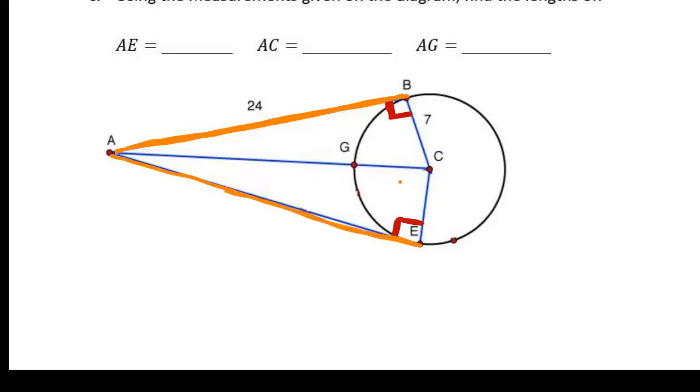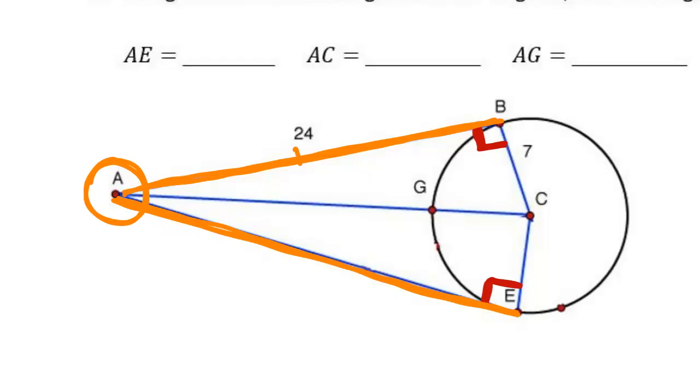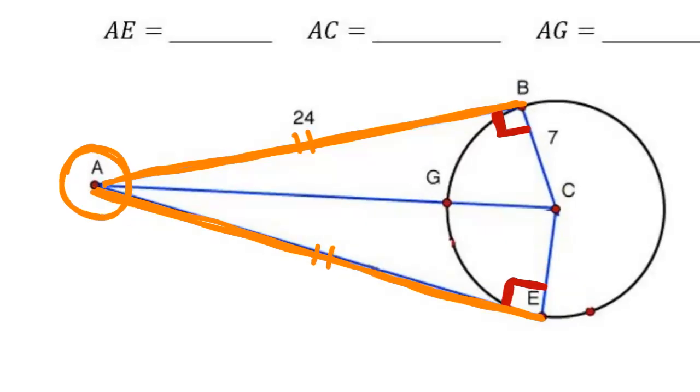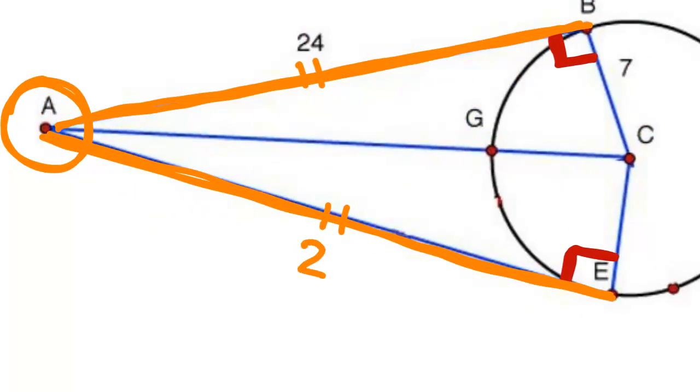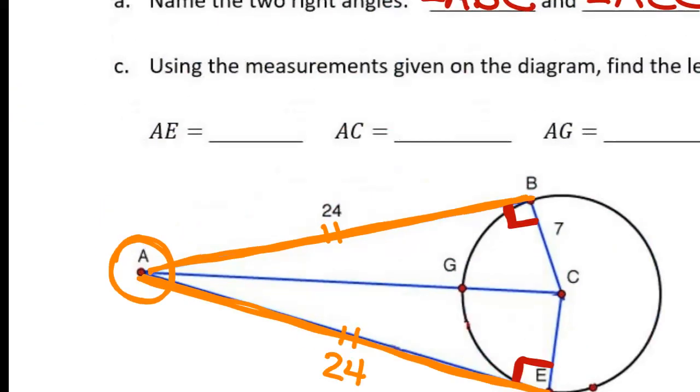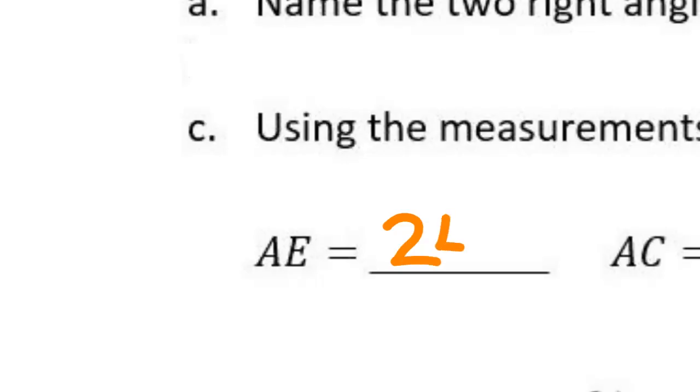AE is also a tangent, and it's coming from the same point that AB came from. These two tangents then are congruent to each other. If two lines that are tangent to the same circle come from the same point, then they are the same size. So AE has a measurement of 24.